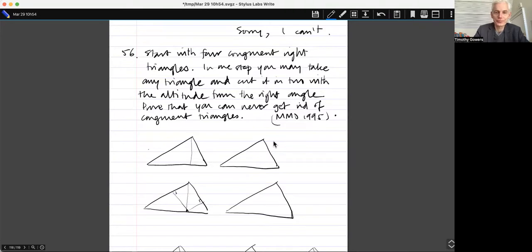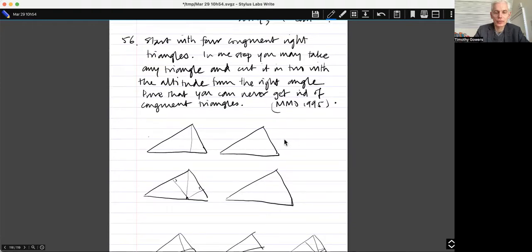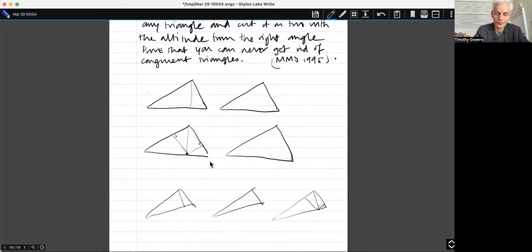Now I'm quite sad that my pictures here were not visible, but let's just quickly talk through what I did. So in one step you can chop a triangle from the altitude to get 2 congruent triangles. You start with 4 triangles, and you want to prove that you can never not have at least 2 congruent triangles.